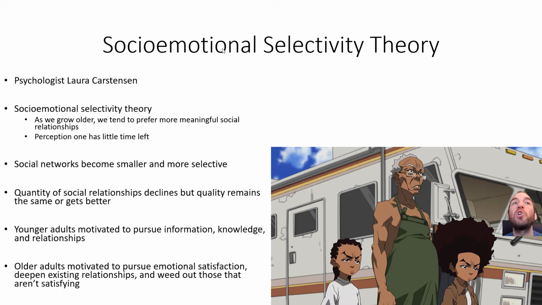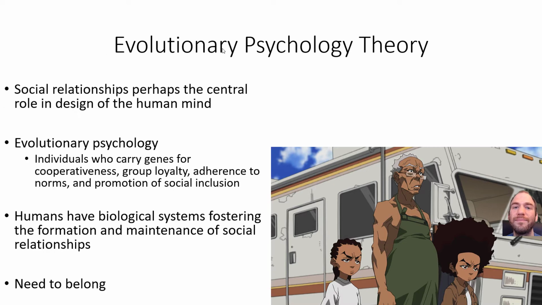It's an accumulation process and a seeking out process where you're challenging yourself, opening yourself up to the world, and that world includes knowledge, relationships, and general information. While older adults are more motivated for emotional satisfaction, deepening the quality of relationships that they've established throughout their lives, or the remaining relationships that they've managed to maintain throughout their lifespan.